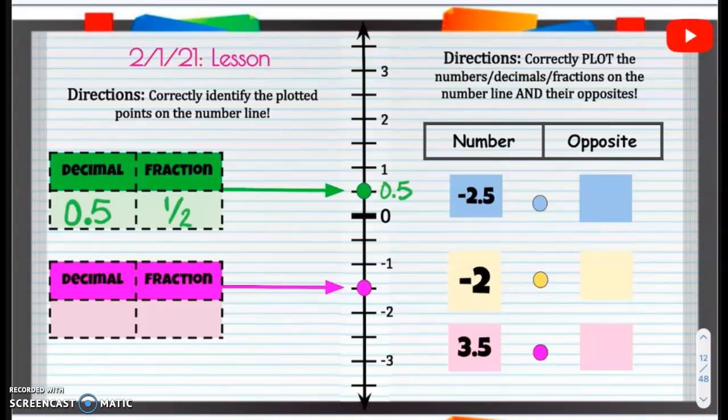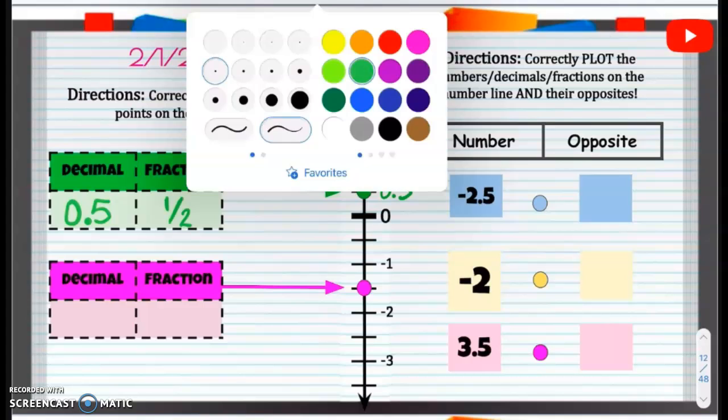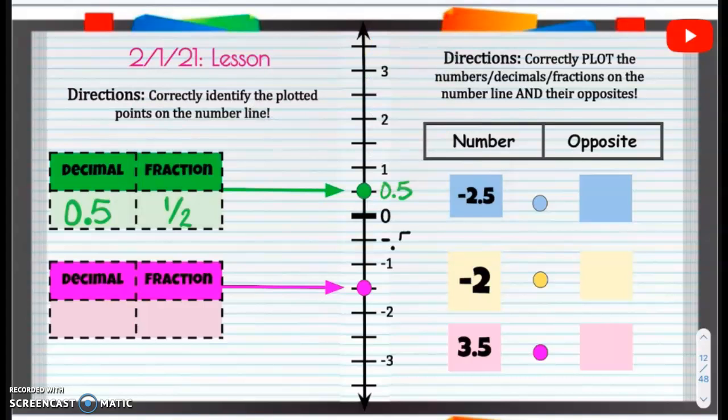What if we went the opposite way? 0, then we have negative a half, because remember, we do our opposites here, so we have -0.5, and then we have -1 and -1.5. Ooh, -2, -2.5, -3, -3.5.